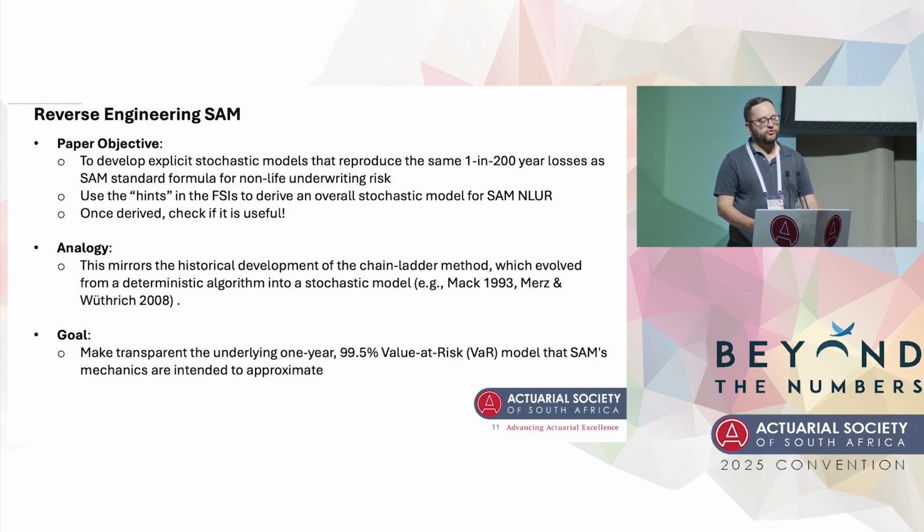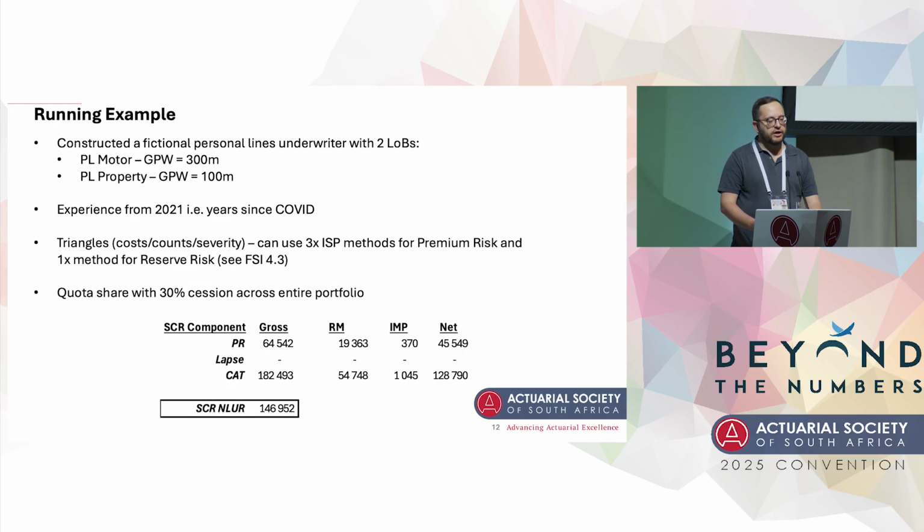I'm going to just delay talking about that to the next slide, but we'll show what some of the implications of moving from a best estimate in the chain ladder world to a stochastic model are, and we can then hopefully draw some parallels to what this means in the context of SAM. And hopefully at the end we'll have made transparent what this 1 in 200 year value at risk is that we're trying to approximate. So this is a running example.